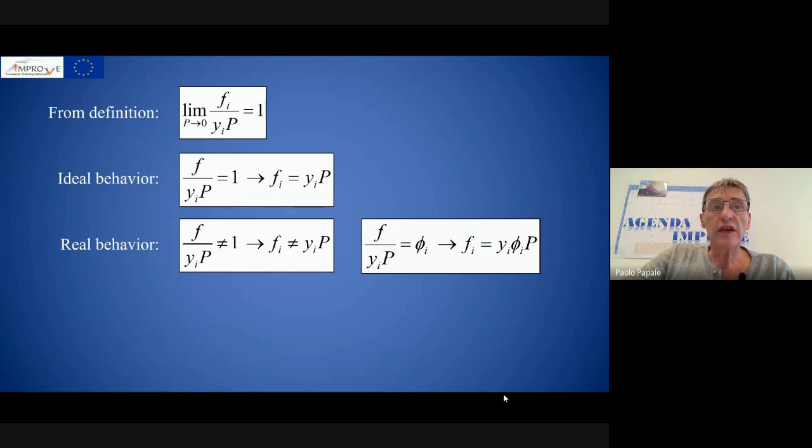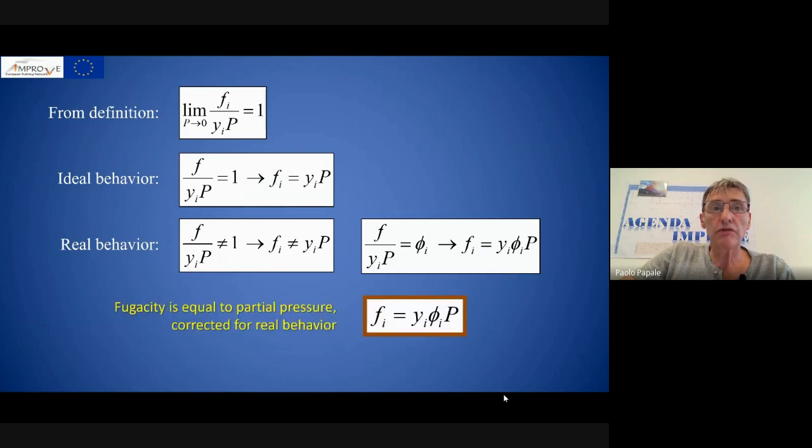Phi will take the value of 1 for ideal conditions, and it will be different from 1 for real conditions. This leads us to a more general definition of fugacity. Fugacity is a corrected partial pressure, where the correction accounts for the deviation from ideal behavior. We call the quantity phi expressing the deviation from ideal behavior the fugacity coefficient.